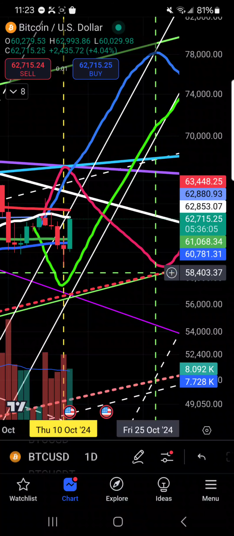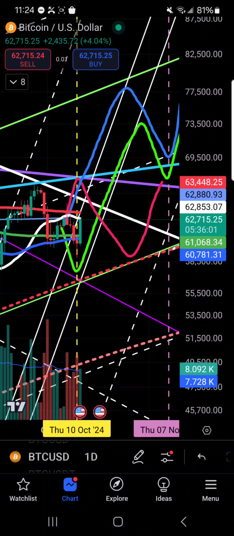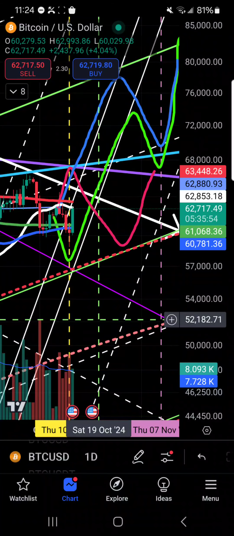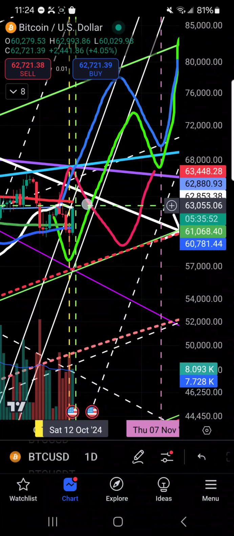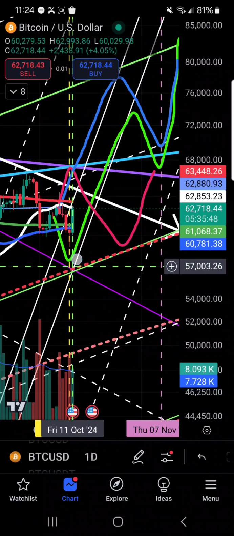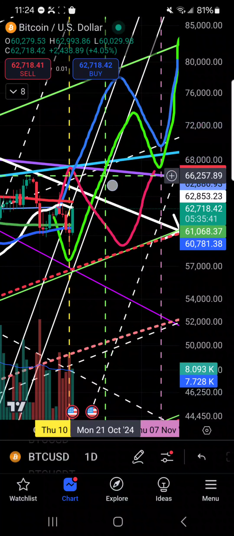Now, what I do believe, though, is that things are constantly evolving. I do think maybe that we will get some sort of a hybrid between the green and the red pathways. We didn't make it all the way down here, and so therefore I don't think we'll make it all the way up here.